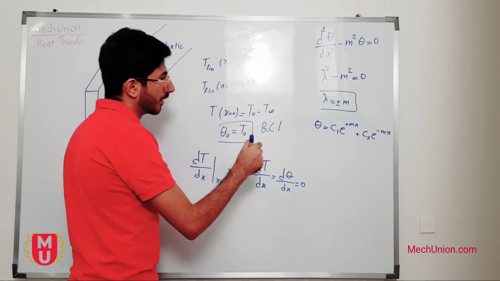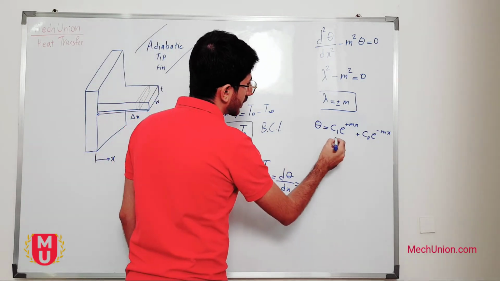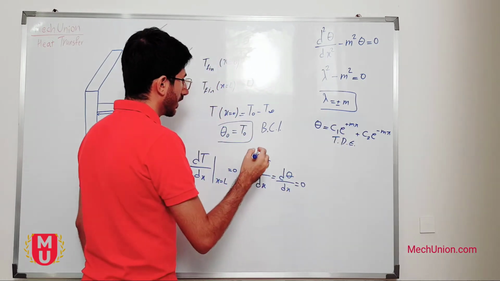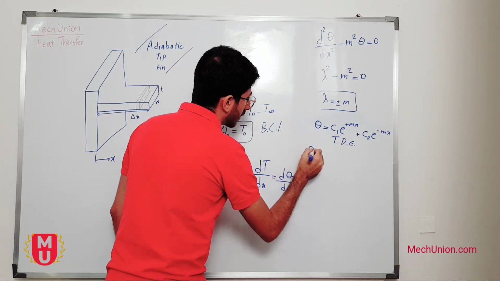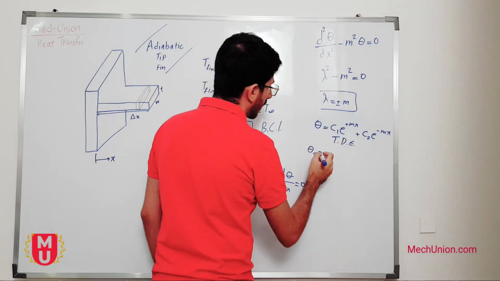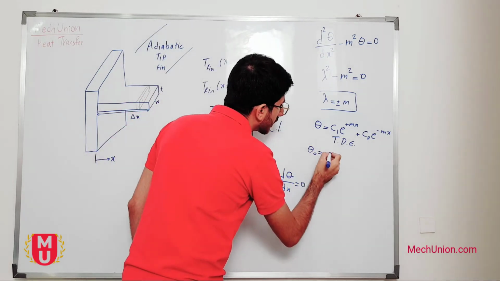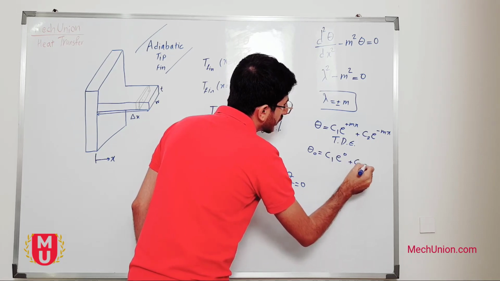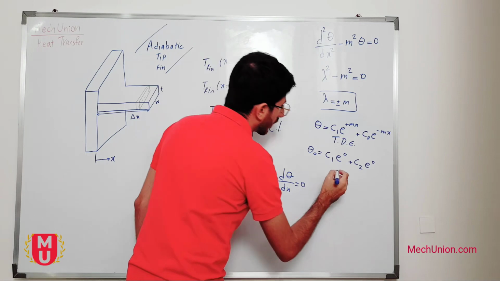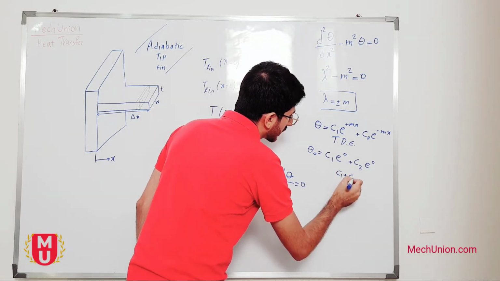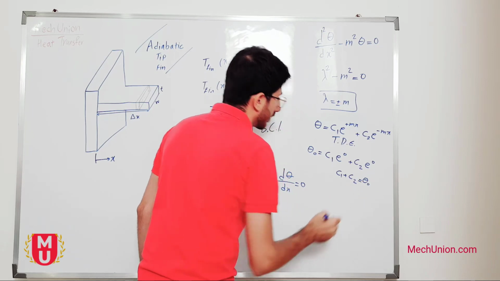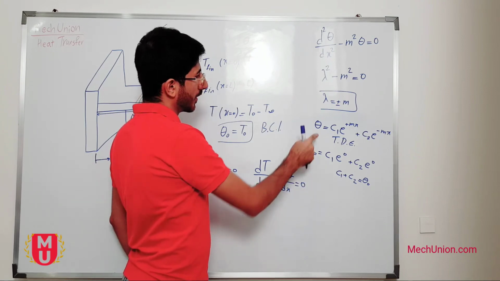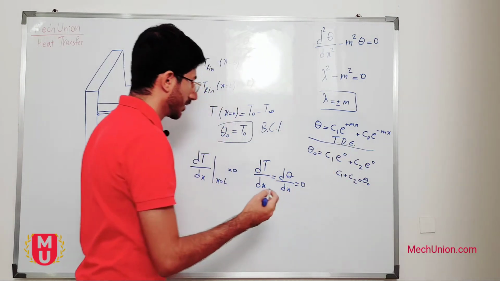If we substitute our first boundary condition in the temperature distribution equation, at x equals 0 we have theta naught equals C1 e to the 0 plus C2 e to the 0. Then we have C1 plus C2 equals theta naught. For the second boundary condition, we should take a derivative of the temperature distribution equation.